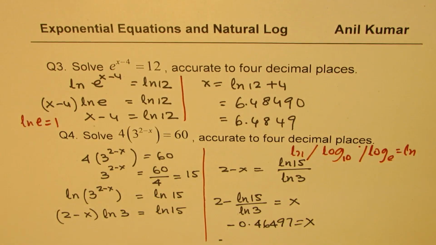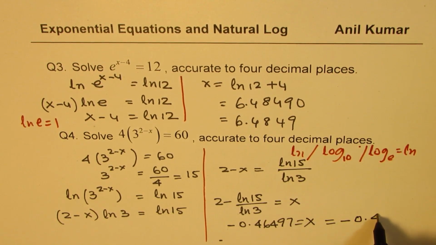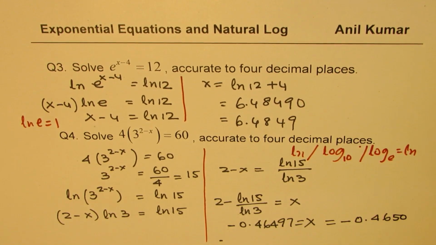Is it okay? So that is what we get. Now, rounding to 4 decimal places, I could write this as minus 0.4650, right? So that becomes my answer for the given question. So basically, that is the answer for your question number 4.